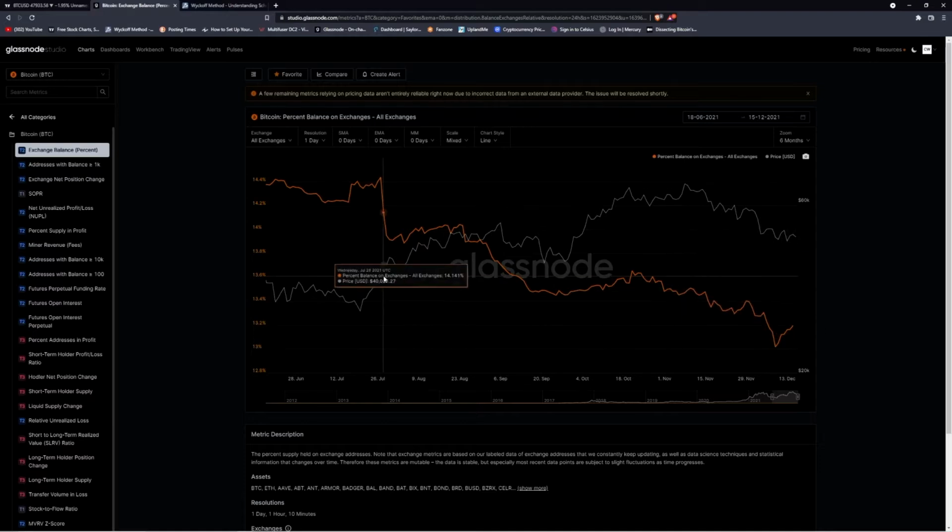Okay, more recently here, exchange balance as a percentage. Okay, more recently we've had some coming onto exchanges, but overall, guys, we need to look at this general trend, this more of a macro trend, continuing that downward trend. Okay, ultimately you have to think about the amount of coins that are coming off of exchanges during this entire time.